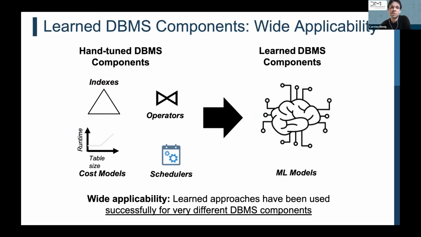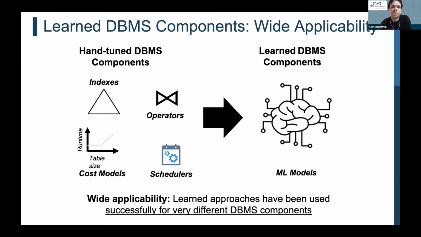For example, learned sort operators were presented at one of the database conferences, and going more towards the optimization side, there are learned cost models, learned optimizers, learned query schedulers, etc. So it has been shown that learned components have a really wide applicability and have been successfully used for various different database components. So the question is, what is wrong with these components? This is what I'd like to cover in the next few slides.